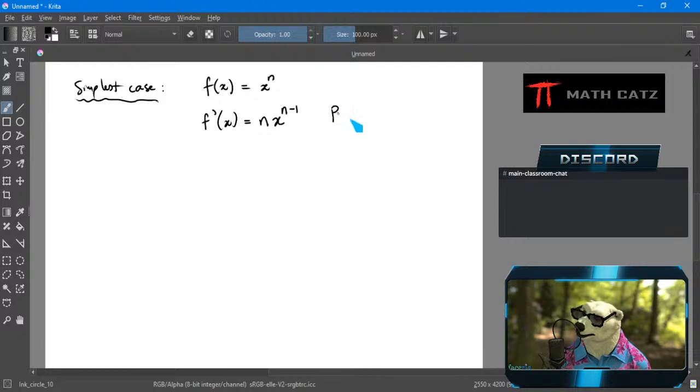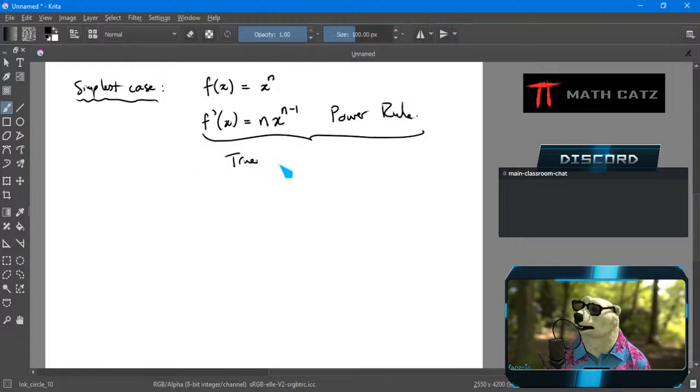And we call that the power rule. Now this is true for n. We started with x squared, x cubed, and so on. So it definitely worked for positive integers.